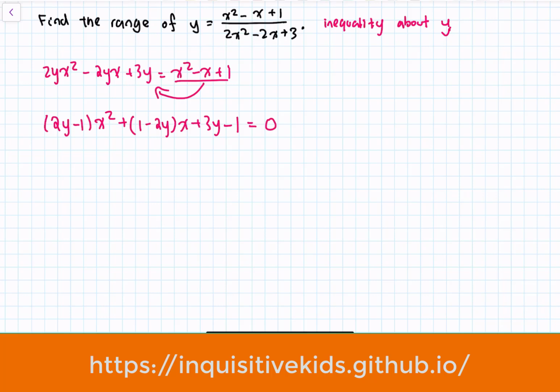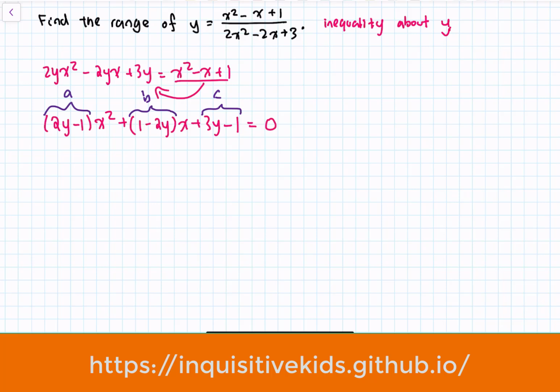And now we have something that looks familiar. It looks like a quadratic equation in standard form. Because now if we think about it, this is our coefficient of a, this part is b, and this last part is c. It's a constant because we don't have any x's in it.